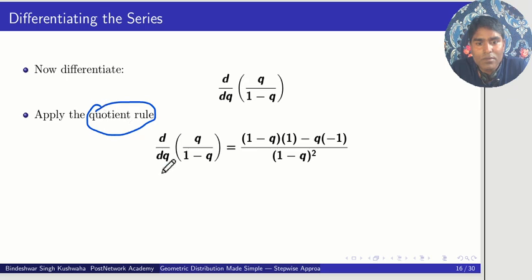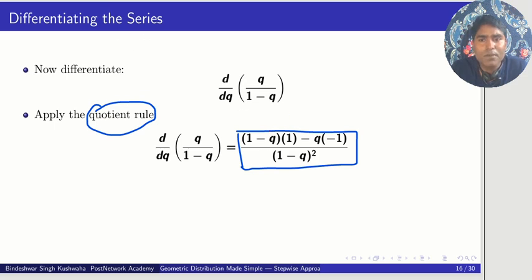Quotient rule. So here we are differentiating this term, that is very easy maths from calculus, and you must know the formula. If you differentiate it, this is the numerator and that is the denominator. So denominator into differentiation of numerator, minus numerator into differentiation of denominator, upon square of denominator.